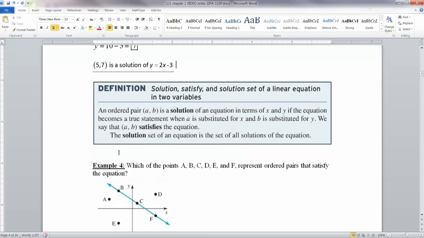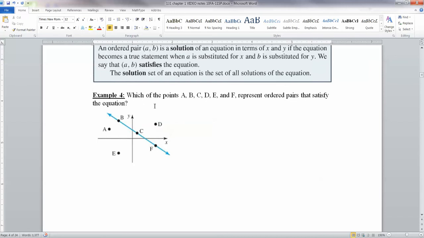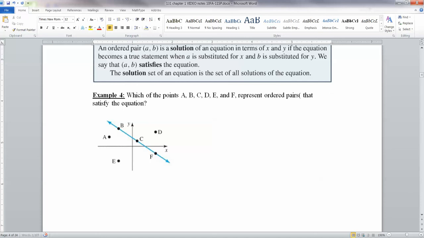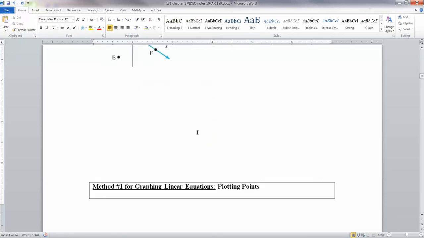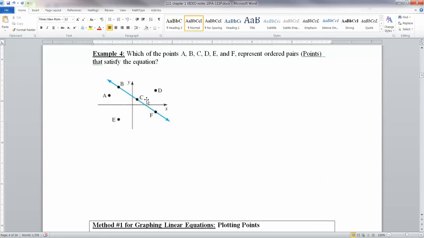Okay. All right. So now let's look here at this graph. Our job is to figure out which ordered pairs, i.e. which points, right? Because ordered pair is a fancy word for points. Matter of fact, I'll put that right here. Points satisfy the equation. All right, to satisfy an equation for a graph like this means that it's actually going to be on that line, right?